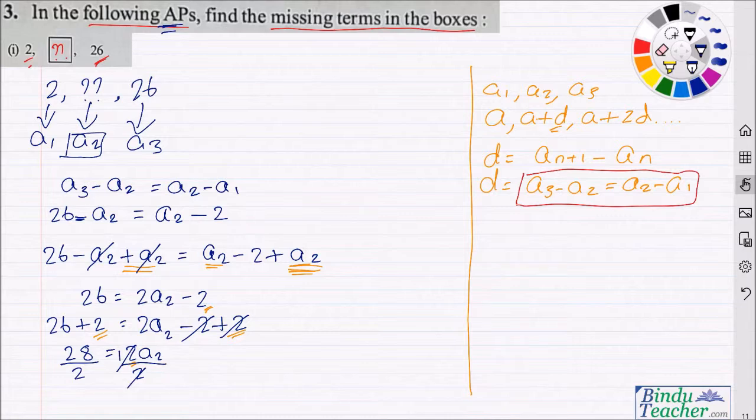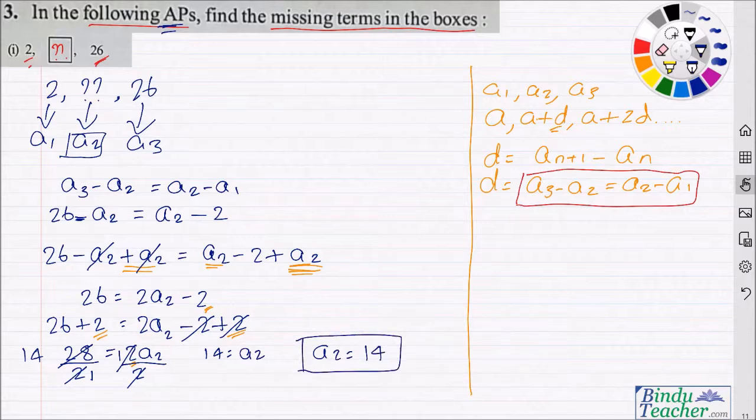And on the left hand side, I'll get 2 into 1 equal to 2 and 2 into 14 equal to 28. So writing this equation again, I get 14 equal to A2, or in other words, A2 equals 14. So A2 equals 14 is the missing value over here.